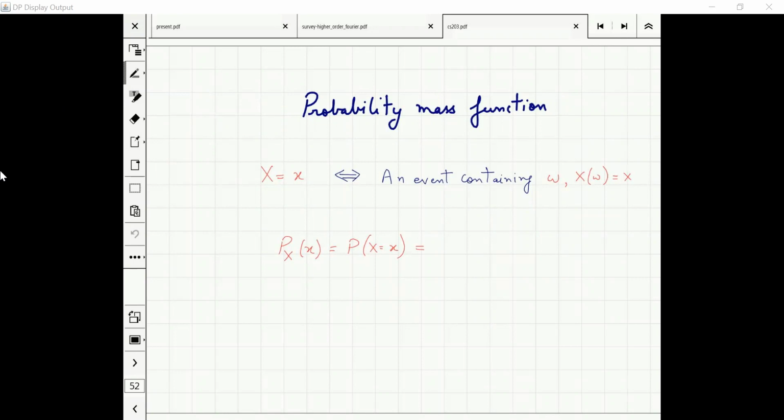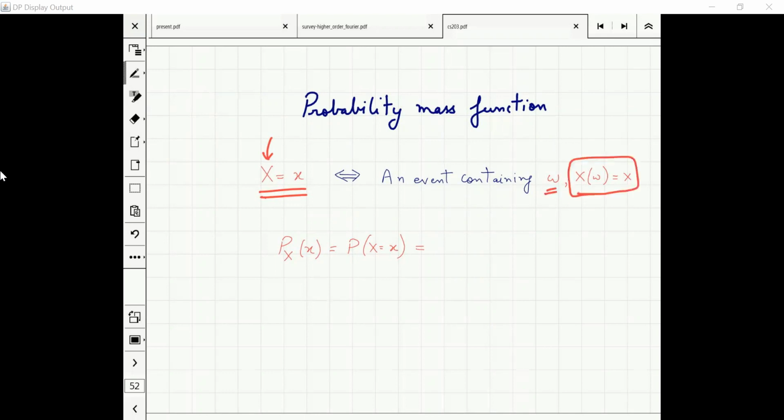As soon as you define a random variable X, it gives rise to a natural event. What is that event? An event is a subset of sample space, so it's an event containing all the outcomes which give me value x.